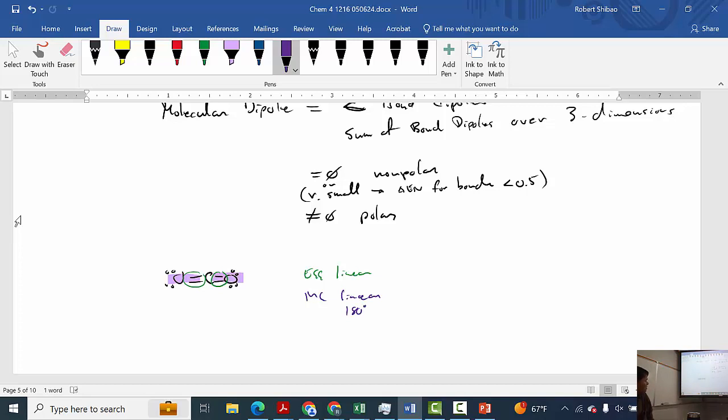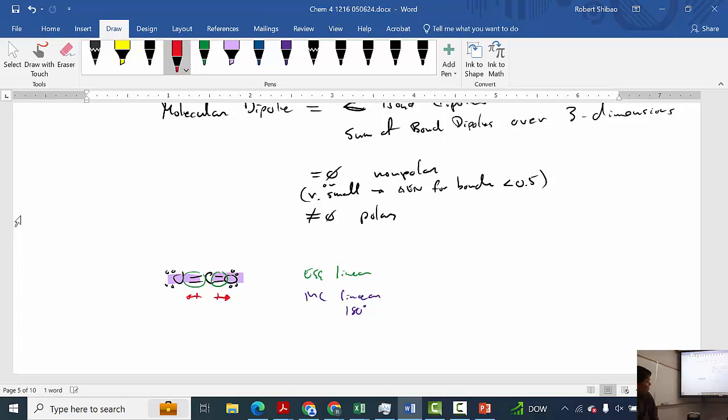Yeah, MG is the same. It matches the EGG. So the MG is linear. And 180 degrees ideal. Do you expect any distortions? No. You're right. Okay, then the next thing we're going to look at is is it polar or non-polar.